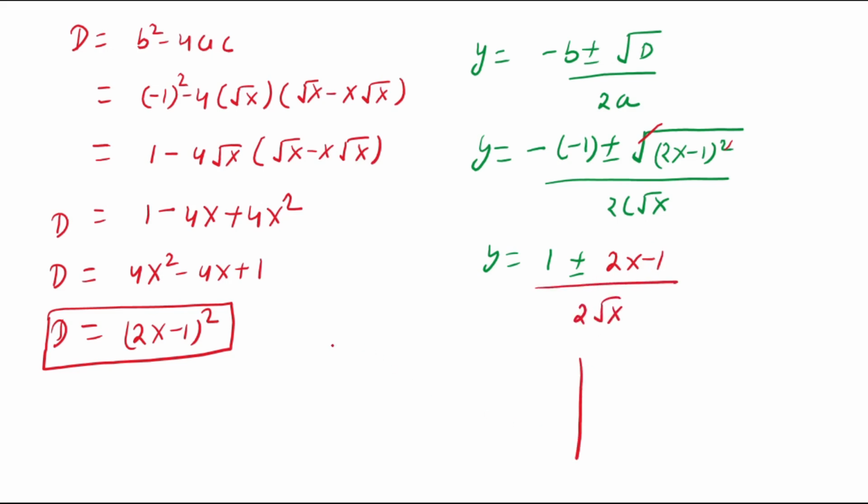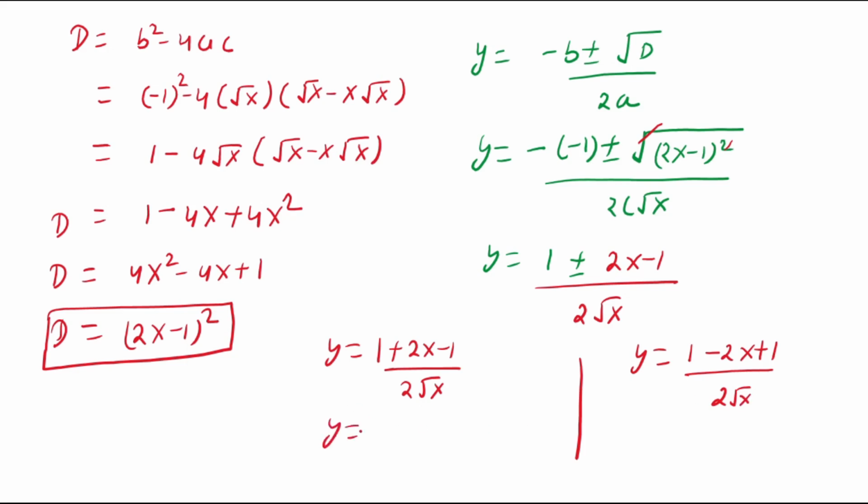Now y equals 1 plus 2 times x minus 1 over 2 times square root of x if we take the positive sign, and y equals 1 minus 2 times x minus 1 over 2 times square root of x if we take the negative sign, and this negative is multiplied by 2 times x minus 1, so this is -2 times x plus 1 divided by 2 times square root of x.